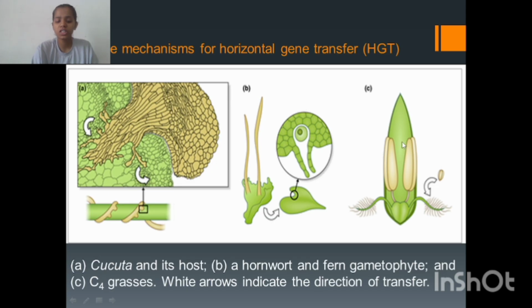So the overall significance is HGT is not limited to bacteria, and plants can acquire genes through parasitism, physical contact, and reproductive interaction. HGT also contributes to adaptation, evolution of new traits, and metabolic innovation. Example, C4 photosynthesis. So this was the overall significance of this.